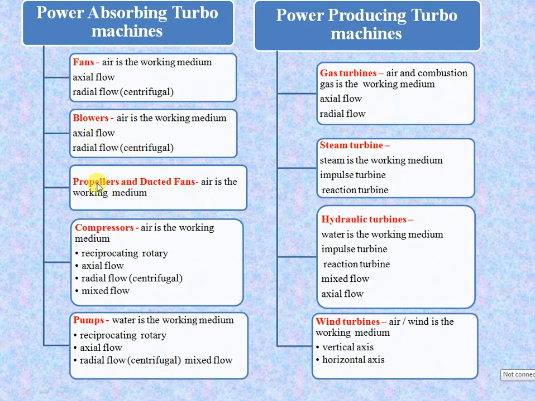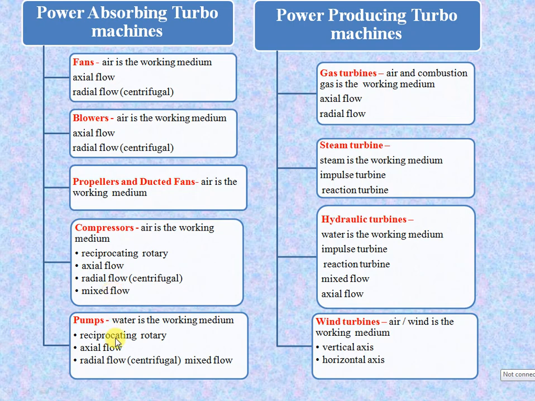The next example is propeller and ducted fan. Ducted fans are used in ducts, in refrigeration and air conditioning ducts, with air as the working medium. Then the compressor, where air is the working medium. Reciprocating, rotary, axial flow, radial flow and mixed flow are the different subtypes of compressor.